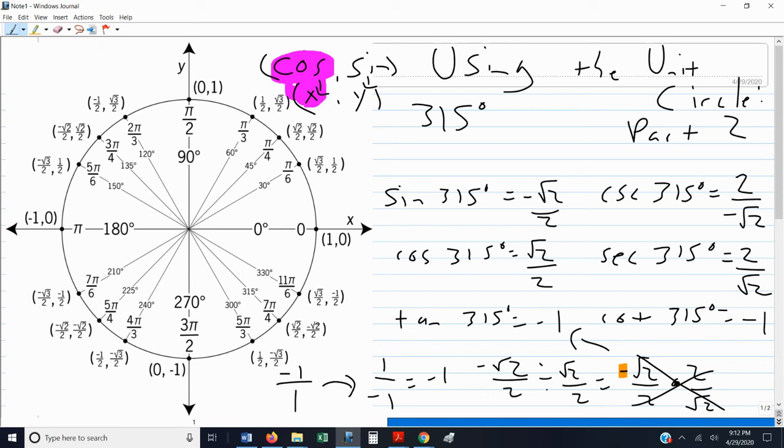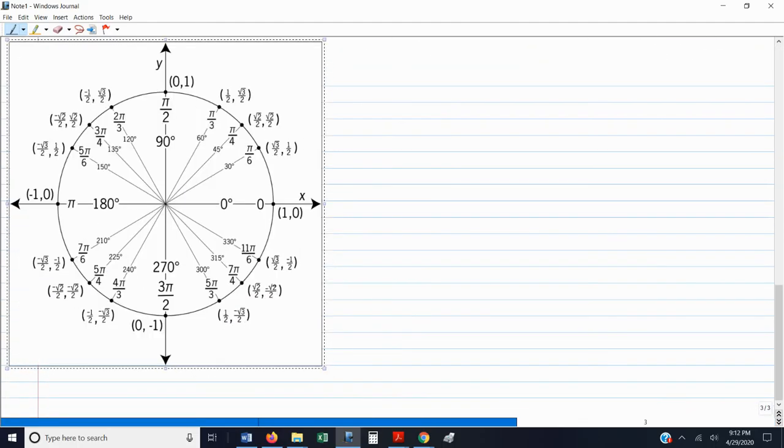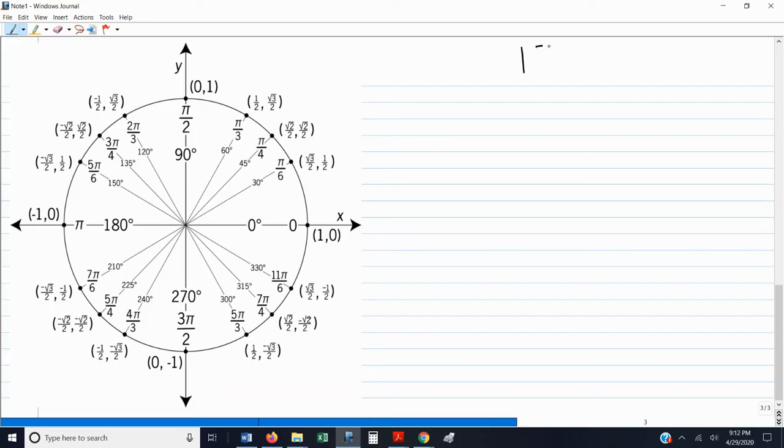And then if I could show you one more, or actually have you try one. So 135 degrees. If you want to pause right now and try to do all 6 trig functions at 135, you can go ahead and do that. So we'll do sine, cosine, and tangent.